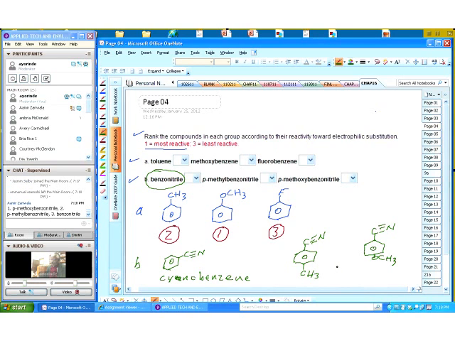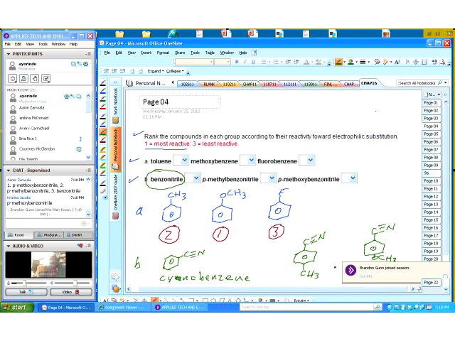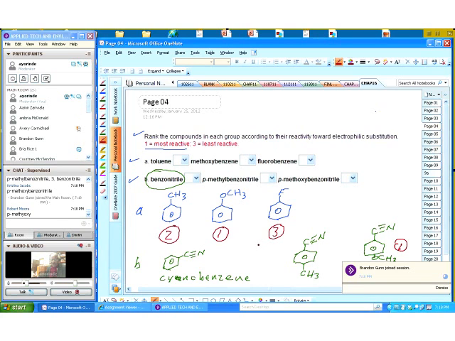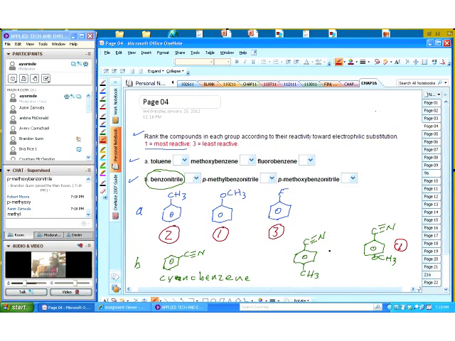Which is number 1 here? P-methoxy. Excellent. So p-methoxy is number 1. Okay, where is number 2? Methyl. Good, that is correct. And naturally, this will be number 3.